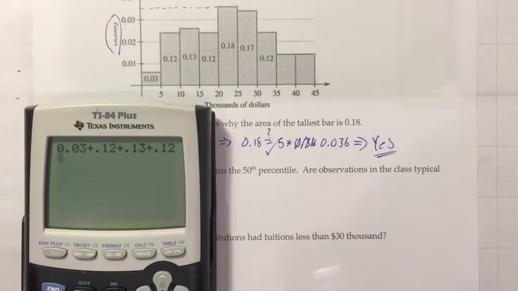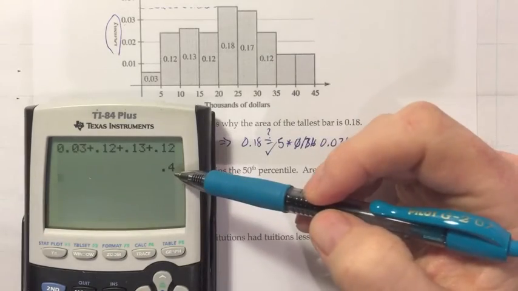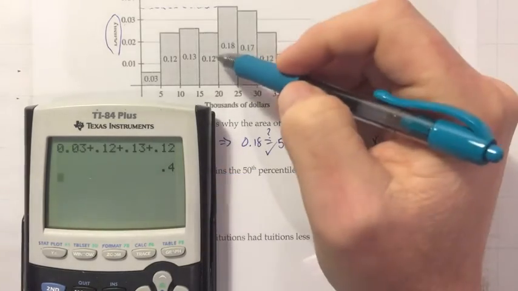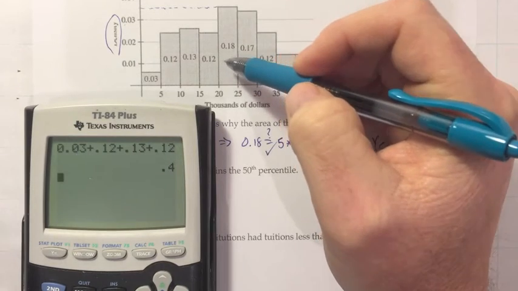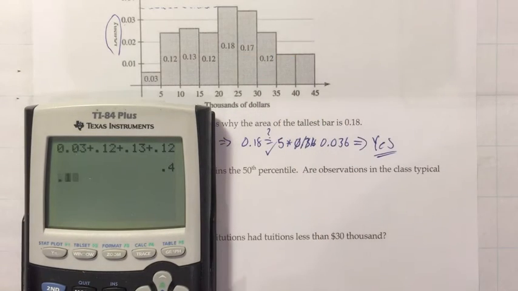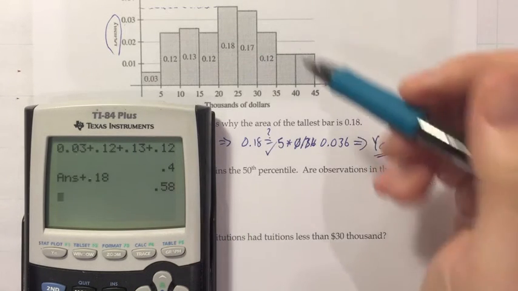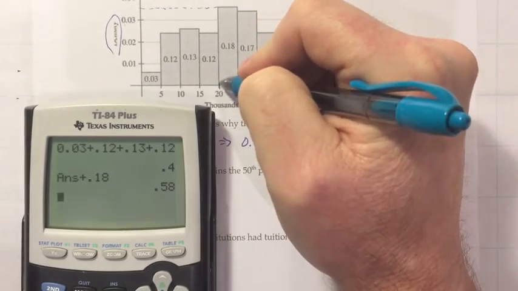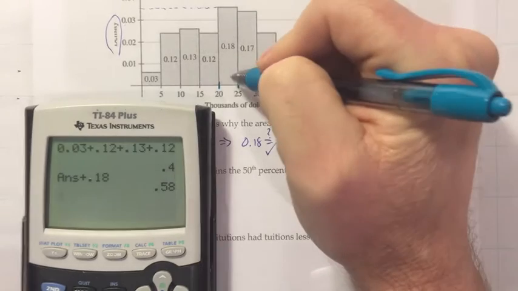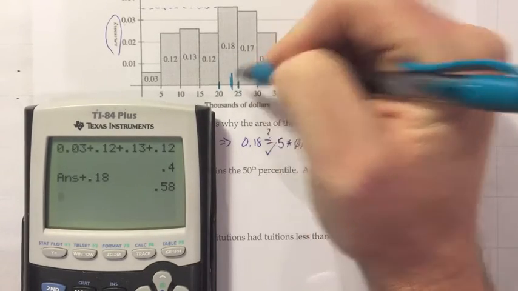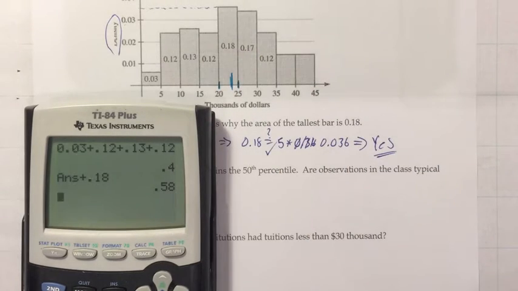Let's see where we are if we do the first 4. 0.4, which is 40%. So at this point, we're not to the 50th percentile yet. If we add the next one, though, 0.18, then we're at 58%. So right here we were at 40, and right here we were at 58. So the 50th percentile is somewhere in that group.